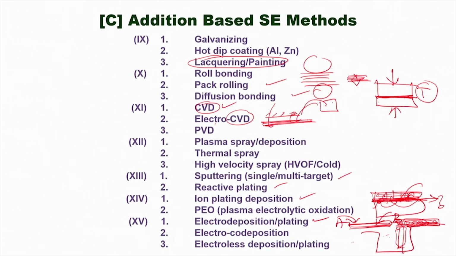So, that is electroless coating. So, this is the overall scope of the entire surface engineering course that we have discussed.